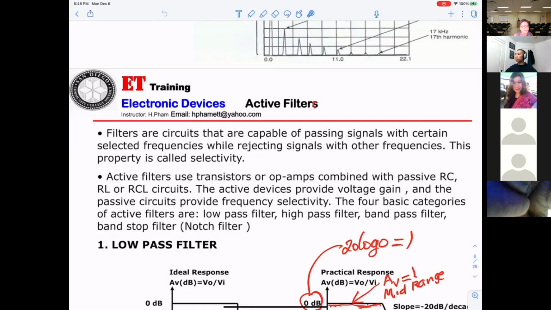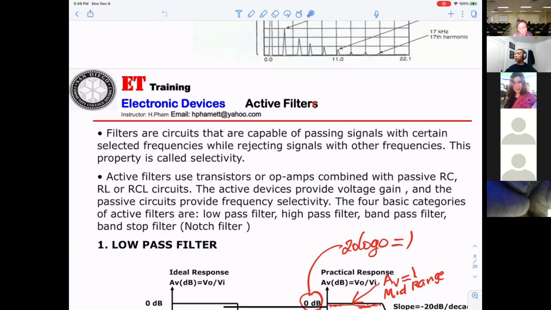They also say this property is called selectivity. When you tune the radio, you select a certain frequency. An active filter is a transistor or op amp combined with passive RC, RL or RCL circuitry.